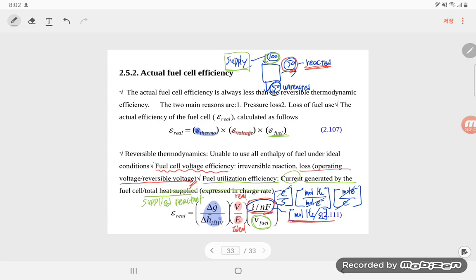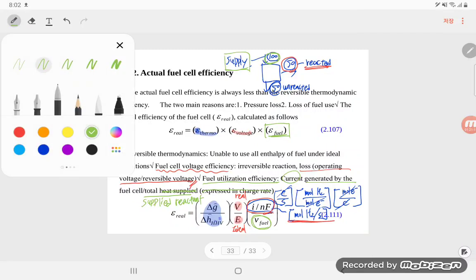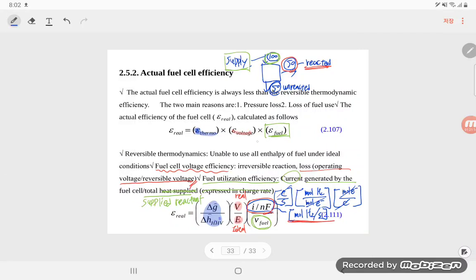So by using this we can express epsilon fuel, which is expressed as 1 over lambda, and lambda is the stoichiometric ratio, SR. What is the value of this one?